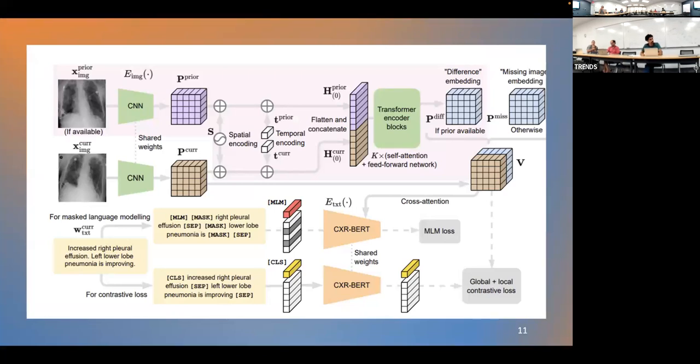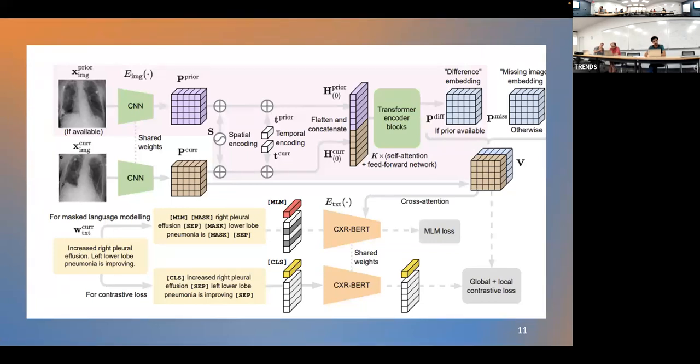This is the detailed schema. You can see here they have a prior image at the top left. They pass it through a CNN encoder and get an affinity matrix. And similarly, they take the current image and do the same.